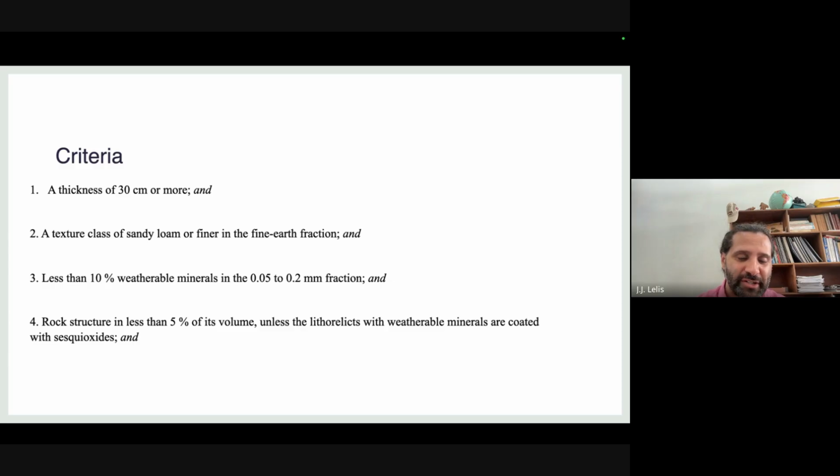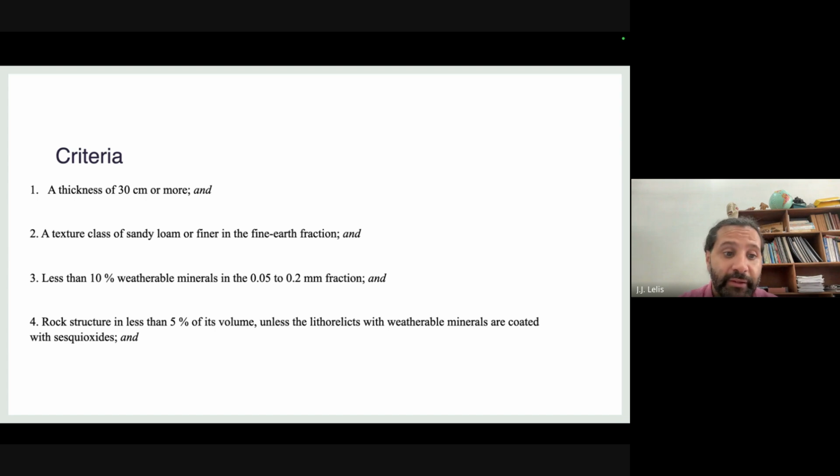Because a sandy texture means something that didn't undergo intense chemical weathering, or something that cannot produce a strong structure, or at least a moderate structure. Okay, so we exclude sandy textures from the oxic horizons, and we consider that oxic horizons can register a loam texture, a silty texture, a clay texture, but never a sandy texture.